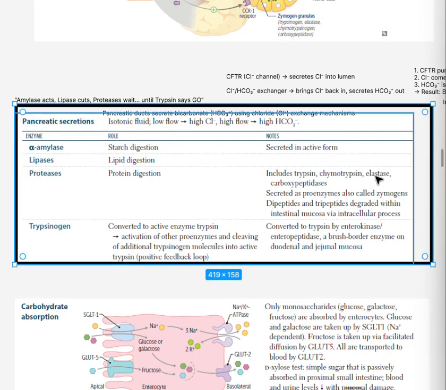So to protect that mechanism, they are secreted in the inactive form, and then the duodenal brush border enterokinase converts the first enzyme, the trypsinogen, into trypsin, and that leads to a positive feedback loop, and then that converts the other precursors, chymotrypsin, elastase, and carboxypeptidases, into active forms.